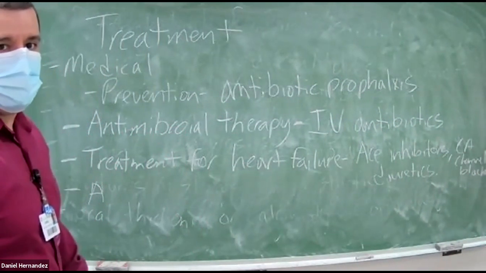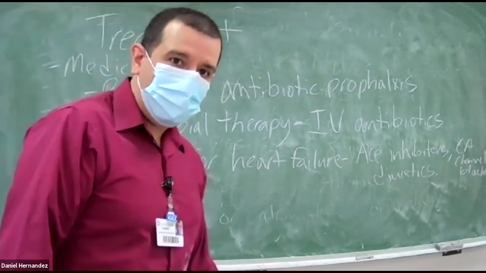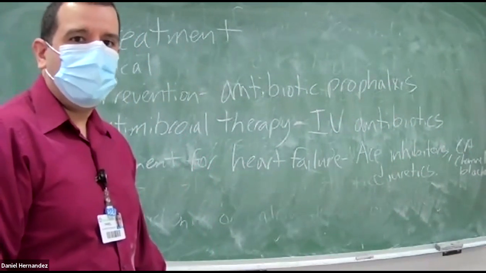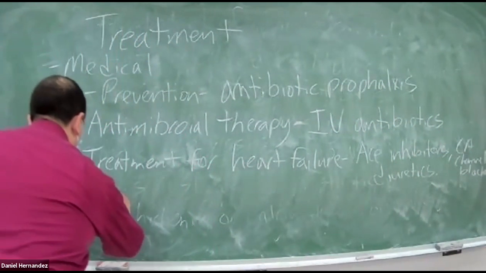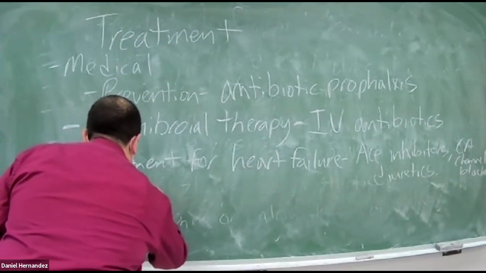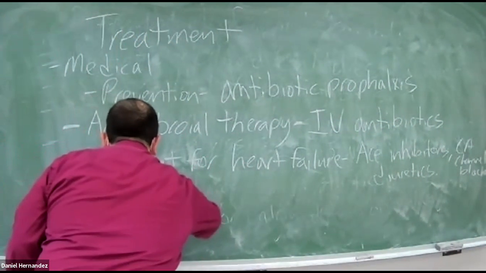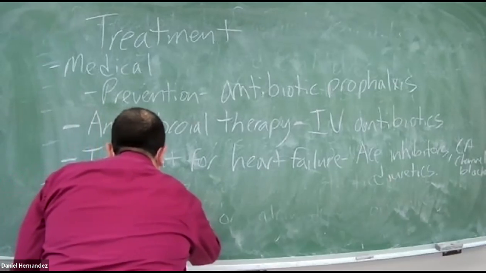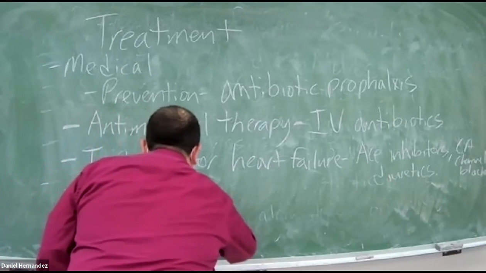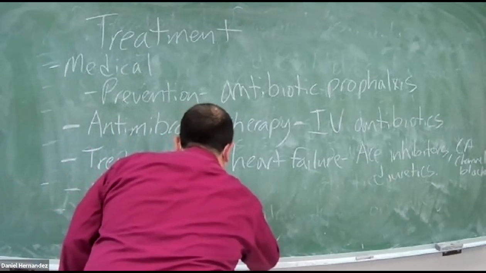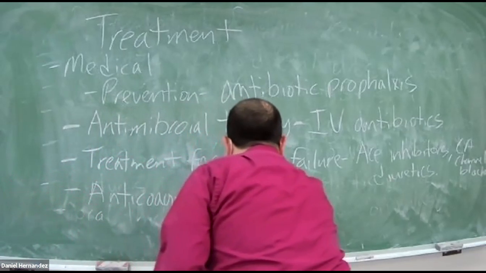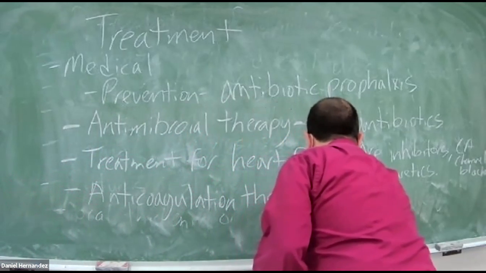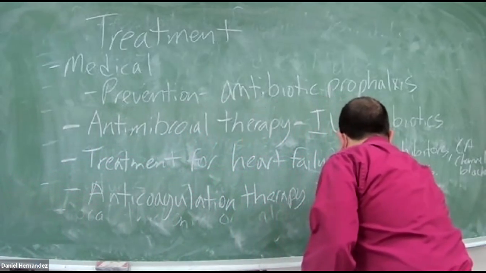If a vegetation has potentially gone to the lungs and caused a PE, we want to anticoagulate so we're getting good blood flow to the lungs. So anticoagulation therapy, if needed.